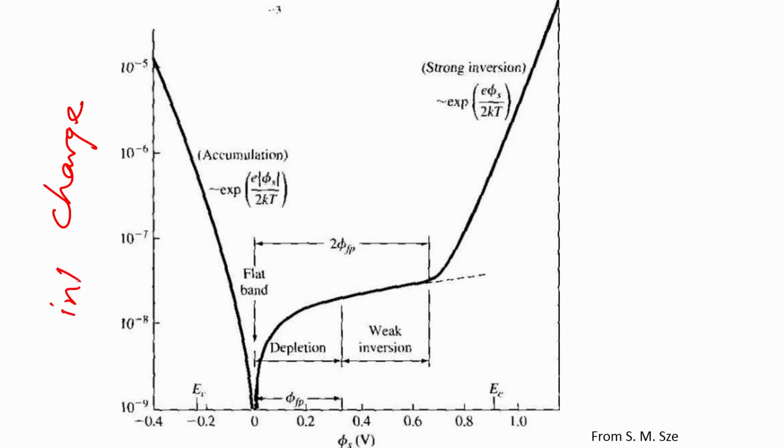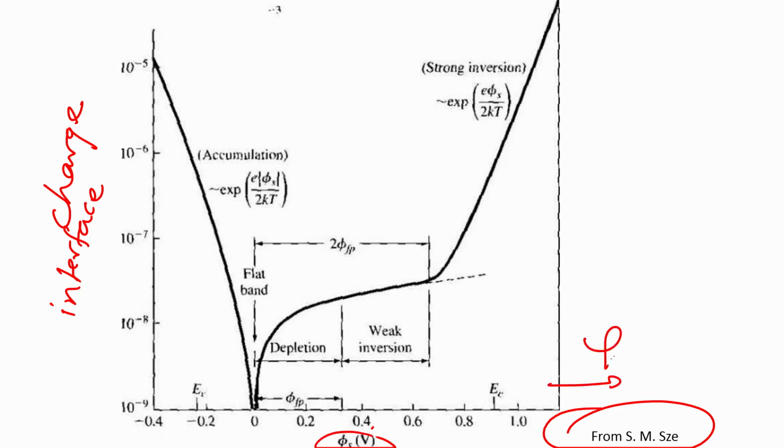This plot is borrowed from the textbook of SMZ, and what you are seeing here is essentially what happens when you start varying phi s. Do not worry about too many details of this plot. The x axis is phi s being varied.